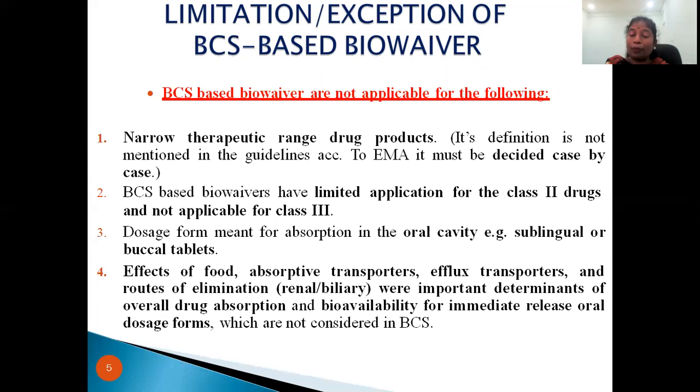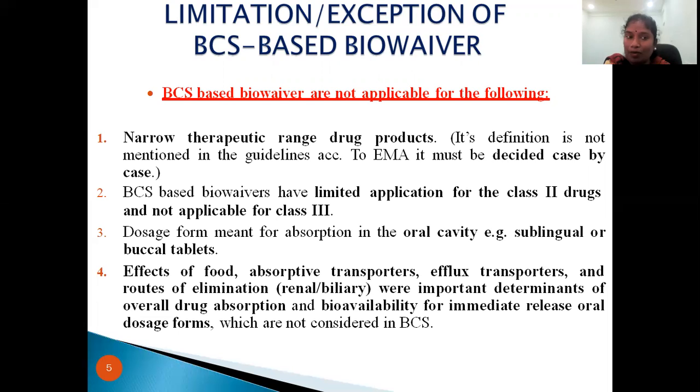So the therapeutic range is very small. Only drugs within that very narrow therapeutic range give the best pharmacological action. Beyond that, what will happen? It will give toxicities. So those drugs need the narrow therapeutic range only.